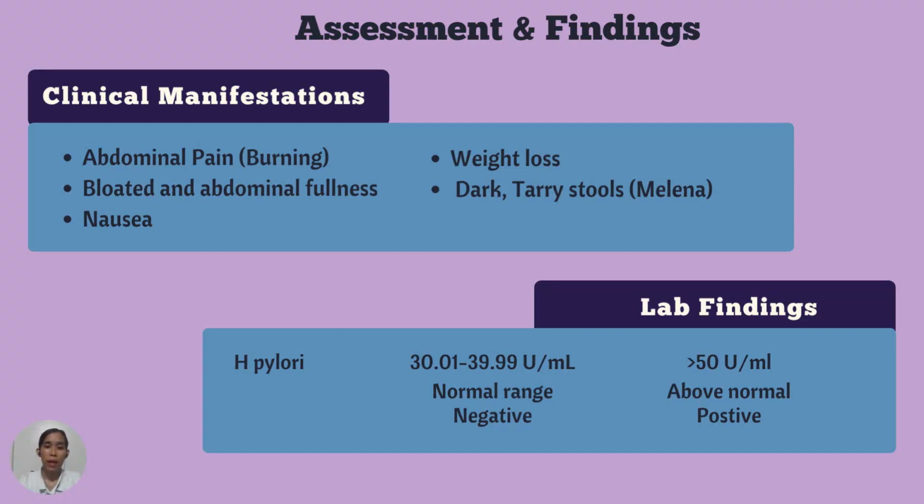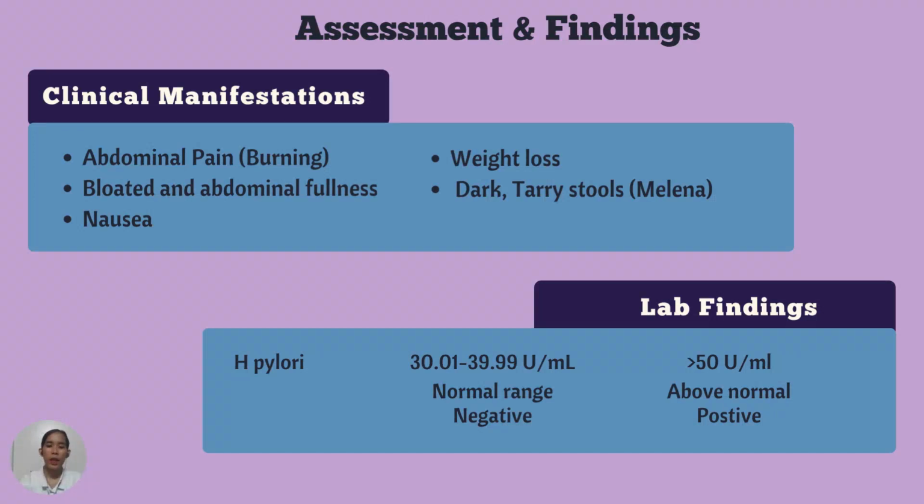A person may experience nausea, weight loss, and have dark tarry stools, or what we call melena. Melena appears as a black tar-like sticky stool. This color is often accompanied by a strong foul odor. So mabaho.